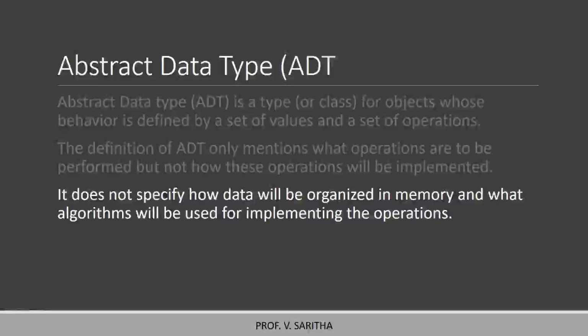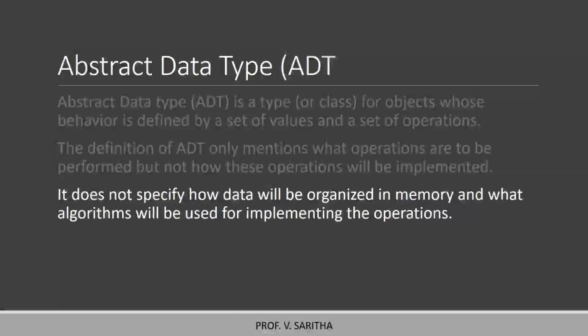As we said before also, the implementation details or the procedure involved in performing the operations will not be a part of ADT. Obviously, the algorithms, which is nothing but a step-by-step solution for your given problem, will not be there in the ADT.